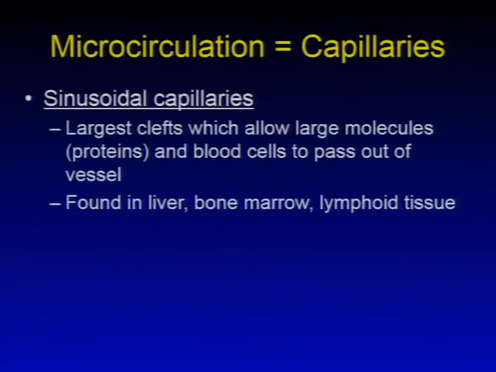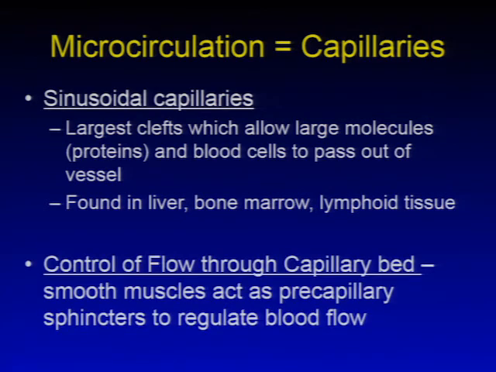And the third type of capillary are sinusoidal capillaries. These have the largest clefts, which will actually allow large protein molecules and blood cells to pass through the vessel walls. This type of capillary is found in the liver, the bone marrow, and the lymphoid tissue. And control throughout the various capillary beds is regulated by smooth muscles that act as precapillary sphincters, primarily in the arterial tree.